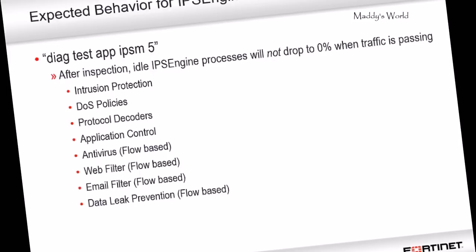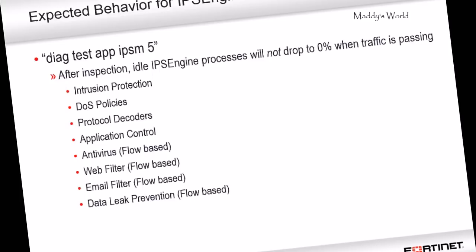What does the IPS engine actually do? Notice that if you run the diag test apt IPSM 5 command, if you have any kind of flow-based inspection profile, the CPU usage of the IPS engine process drops dramatically but doesn't reach 0. This is because IPS engine is responsible for all of the things we've shown in this class: intrusion protection, denial of service policies, and protocol decoders.